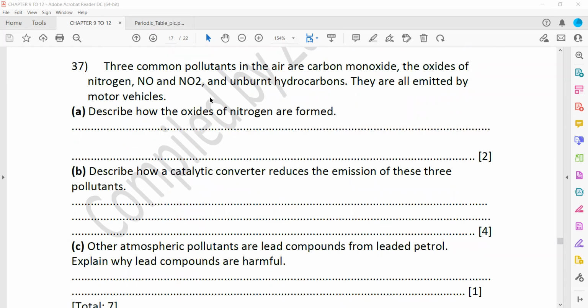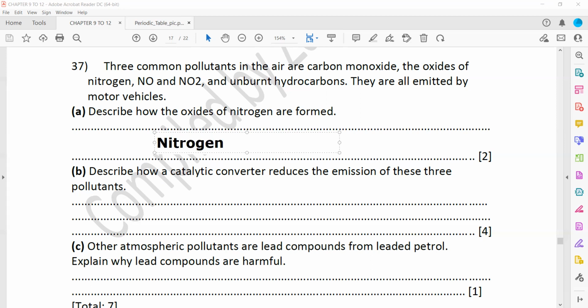Describe how oxides of nitrogen are formed. Nitrogen and oxygen from the air react at high temperature inside the car engine, resulting in the formation of oxides of nitrogen. Instead of mentioning combustion, you should specify this, because the main thing is nitrogen does not react at a low temperature.